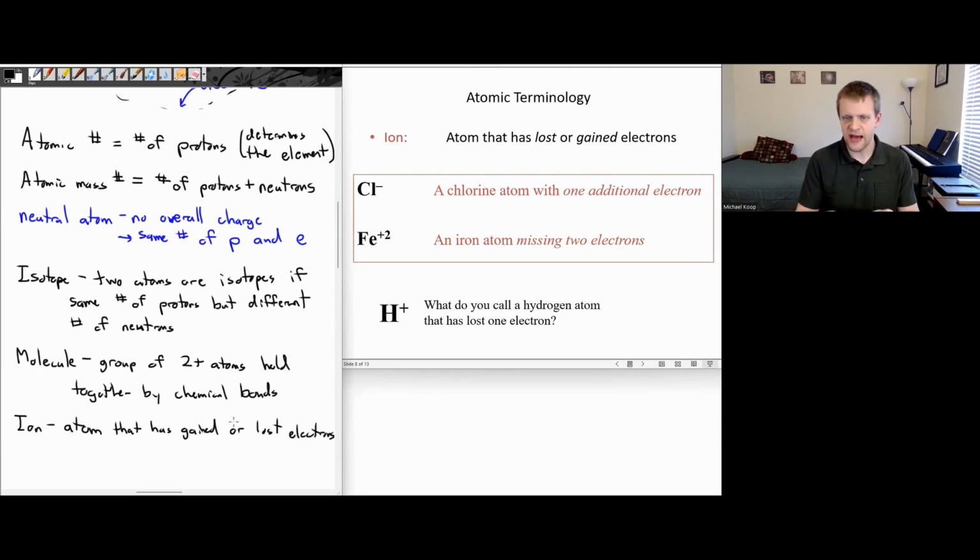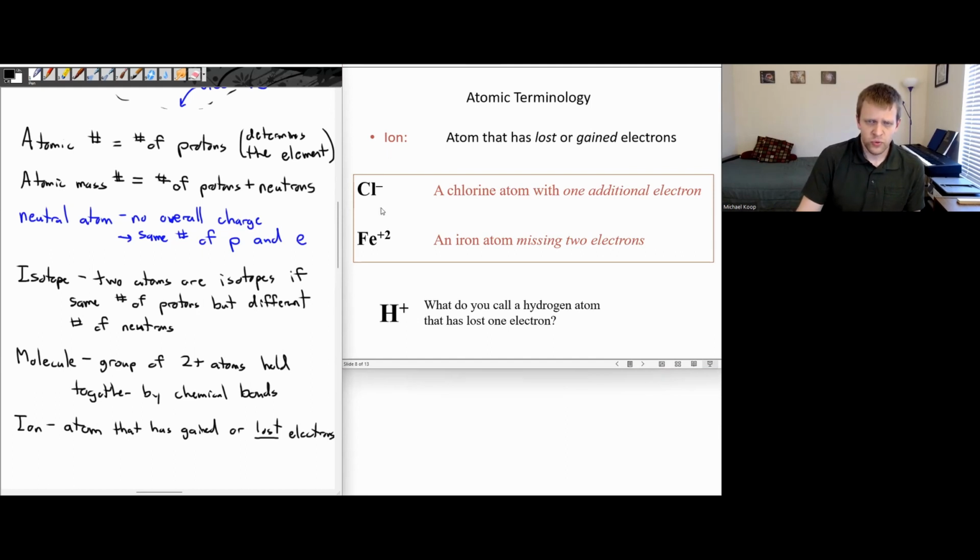Now, in our specific case, when dealing with things in astronomy, most of the time, especially when we're looking at things like stars and high energy systems, usually it's going to be that the atom has lost some electrons. There's so much energy in there that some of those electrons have been ripped away. So most of the time, when I say this atom has been ionized, the default assumption is that we have removed electrons from it.